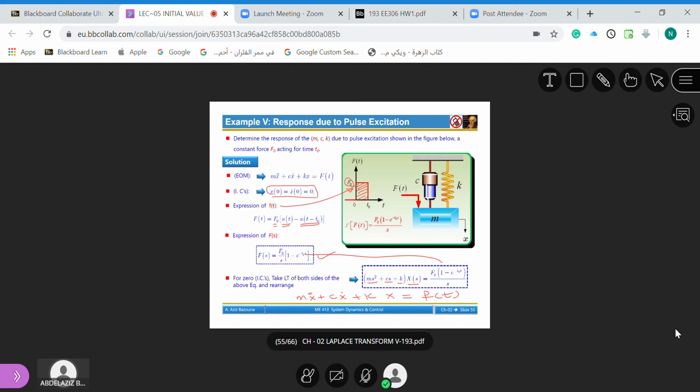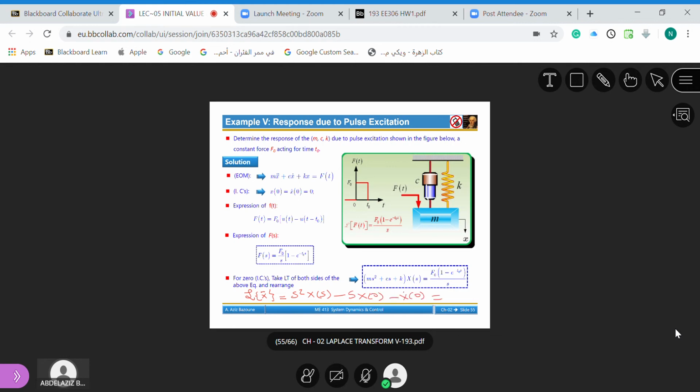Because the initial conditions are 0, the Laplace transform of x double dash is simply s squared X of s minus s x of 0 minus x dot of 0.